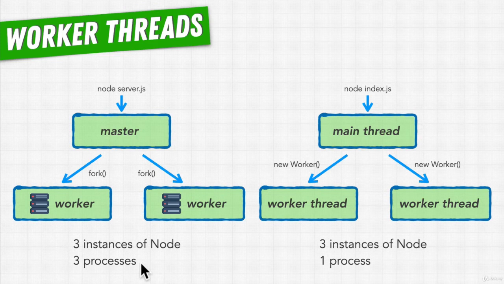This cluster approach, which has been used in Node since pretty much the day that it was created. In production, I highly recommend you stick with clustering for your servers.